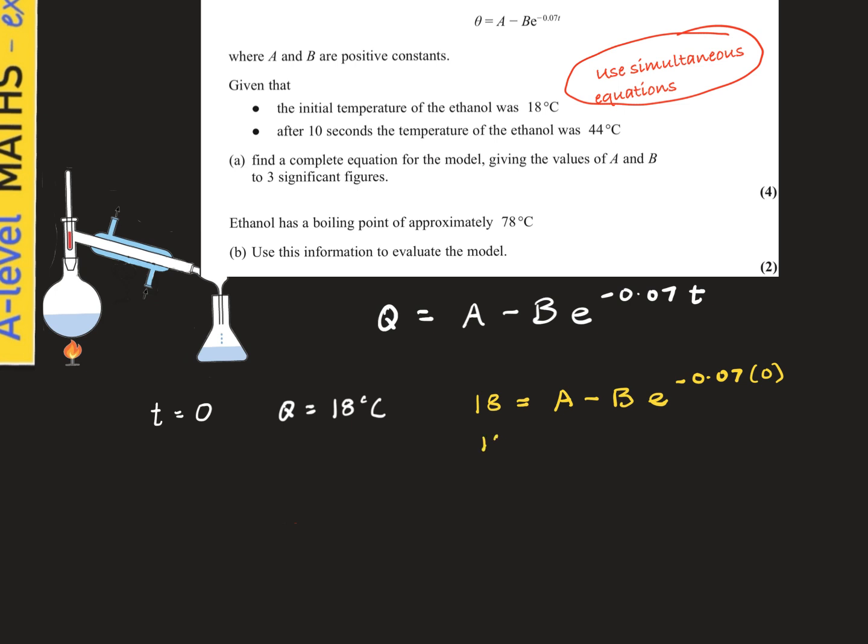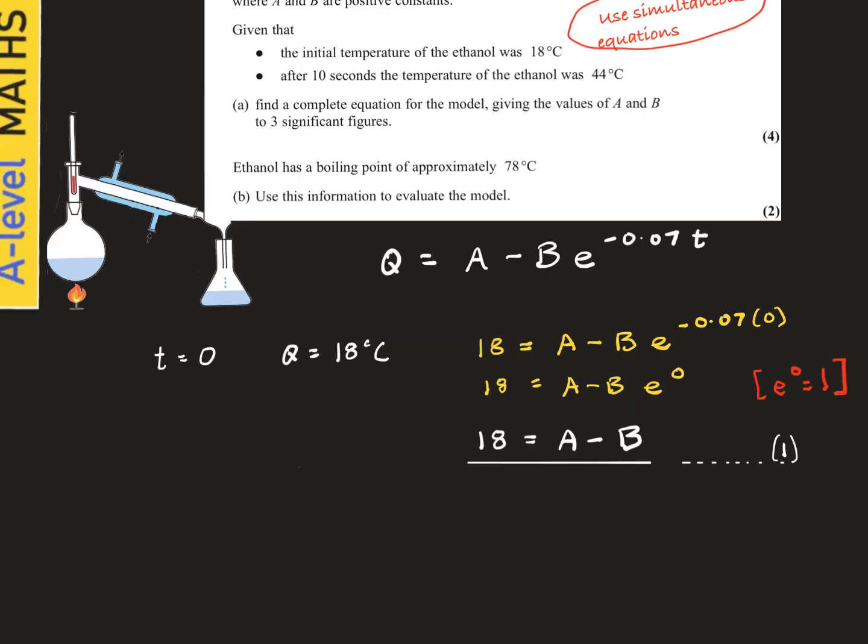This can be written as 18 equals A minus B e to the 0. You're all aware that e to the 0 is actually 1. Then we could write the final equation as 18 equals A minus B. Simple. This is our equation 1.